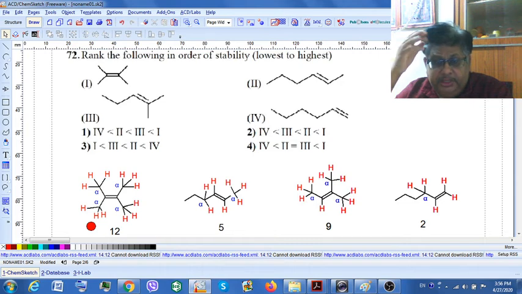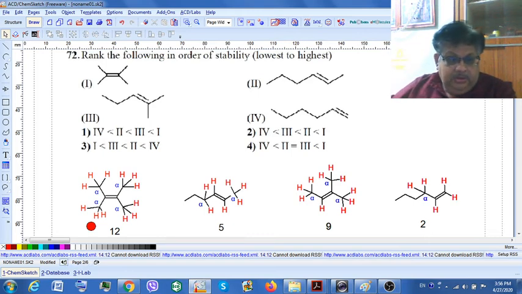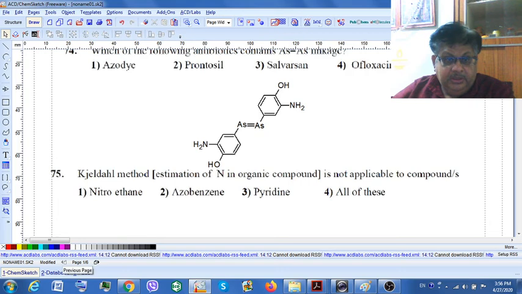That is from highest to lowest. You just reverse this order, you will get the answer. Or you can say 1 is the most stable, that's the highest, and which is the least stable? 4, that is the lowest. Look at the relevant option over here, you will get the answer.